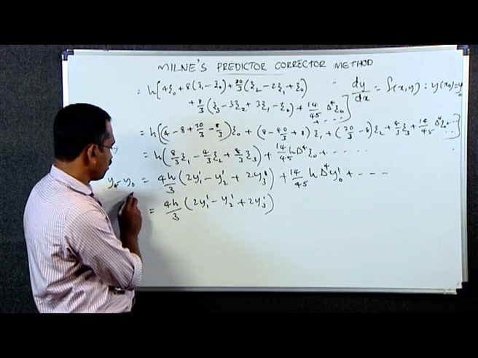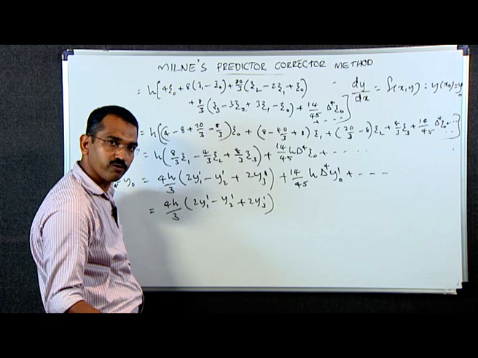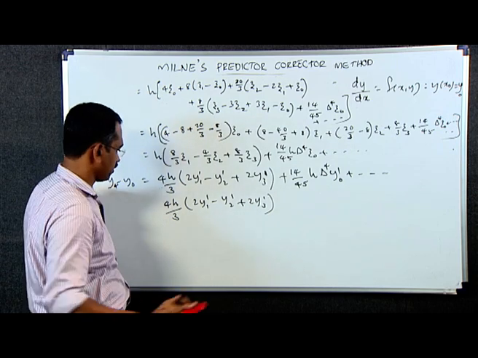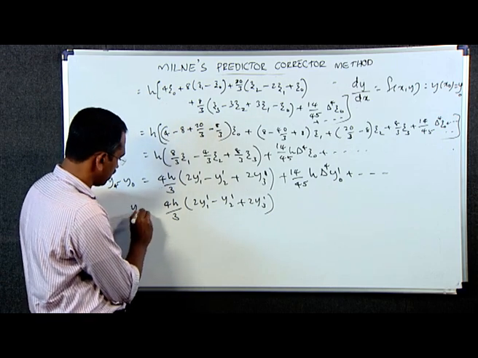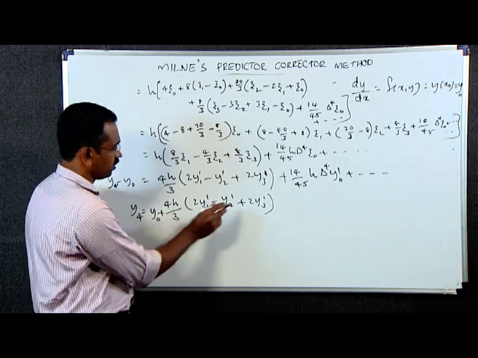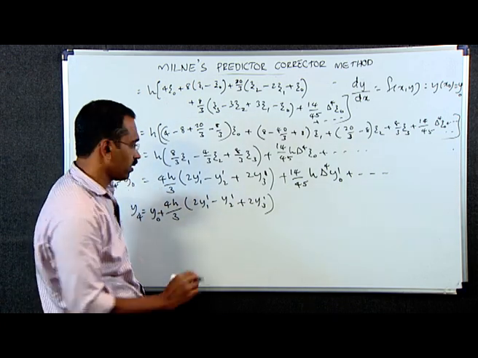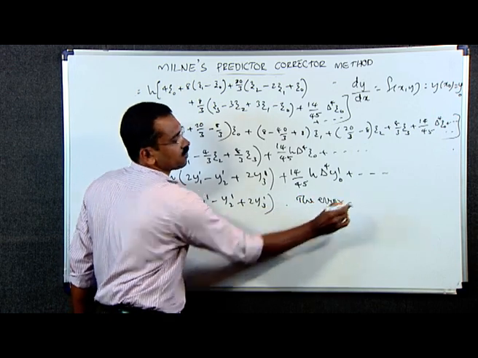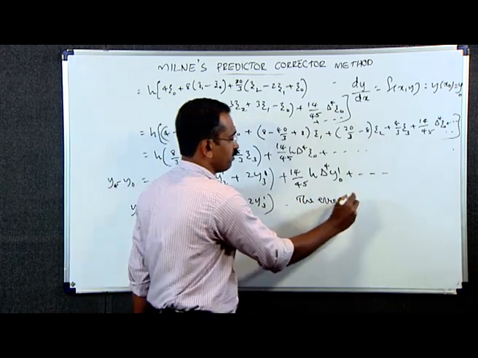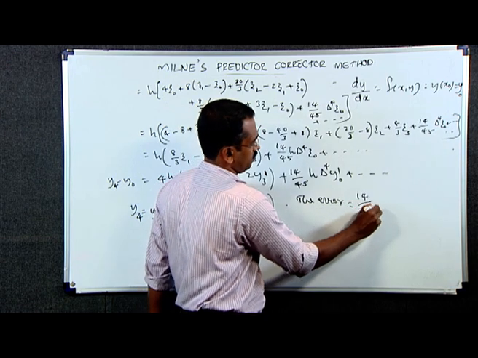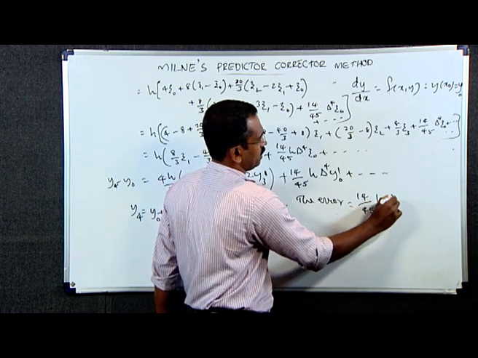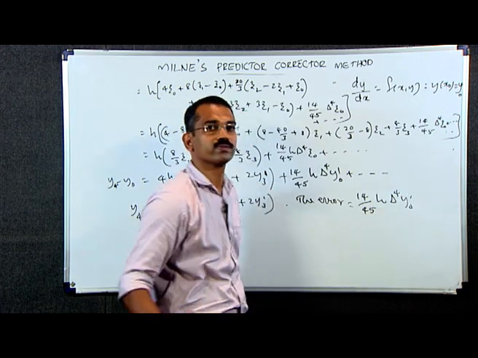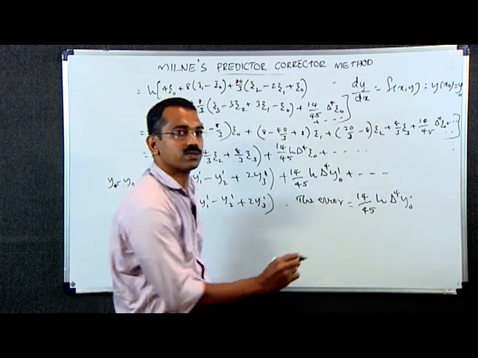This is y4 minus y0, therefore we can write y4 as y0 plus these terms. Here the error is 14 divided by 45 h into delta raised to 4 y0 dash plus etc.